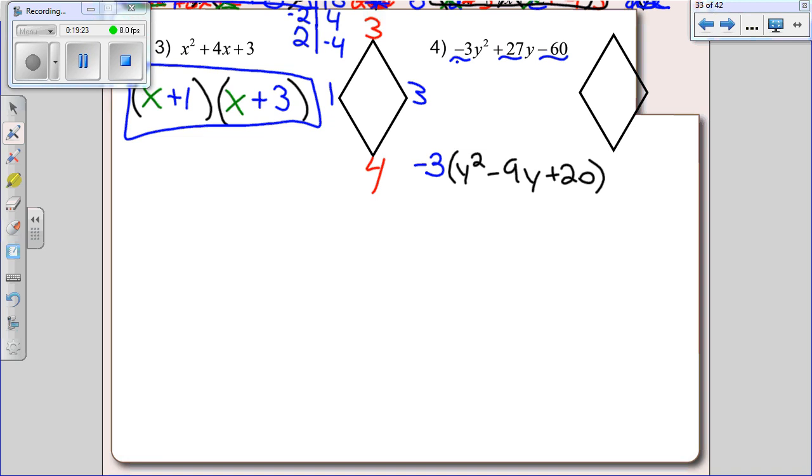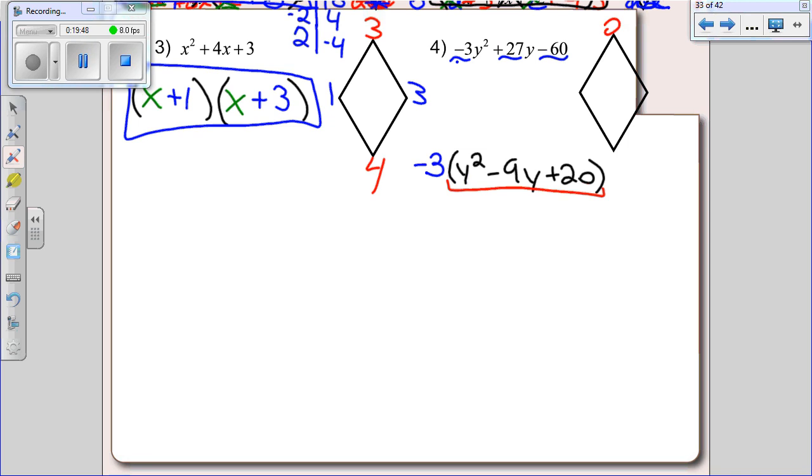Now that we've taken a GCF, I have a trinomial right there that I've highlighted in red. I need to factor that trinomial. It's a trinomial, so I do the diamond method. A times C goes on the top, so 20. B goes on the bottom, negative 9.